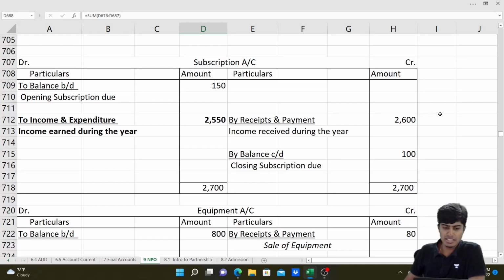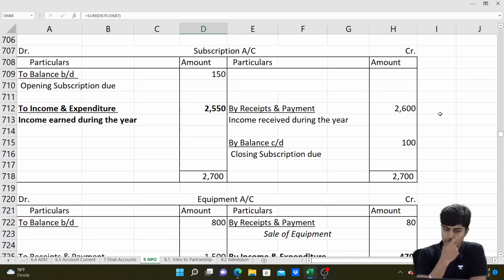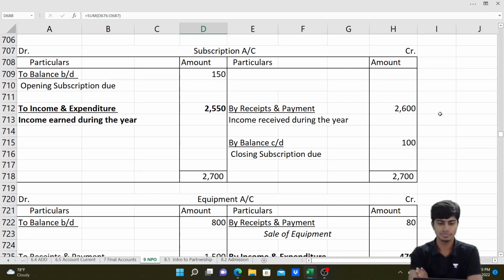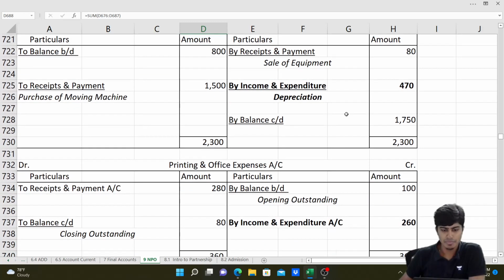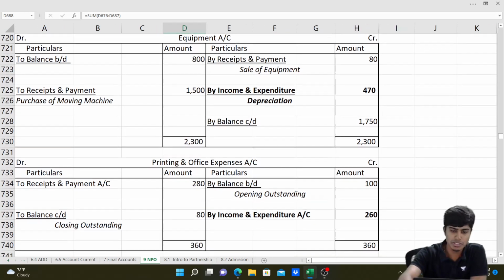And then we have our subscription account. After that comes the equipment account and the printing and office expenses account.